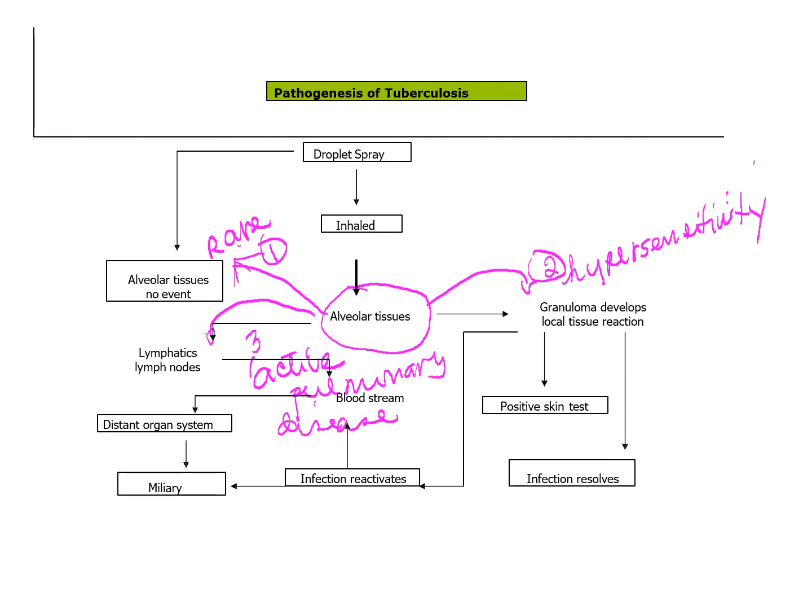Progression from infection to active disease varies with age and the intensity and duration of exposure. Malnutrition, with or without factors such as alcoholism, homelessness, incarceration, immunosuppression, and acquired immunodeficiency syndrome or AIDS can contribute greatly to the progression to active TB.